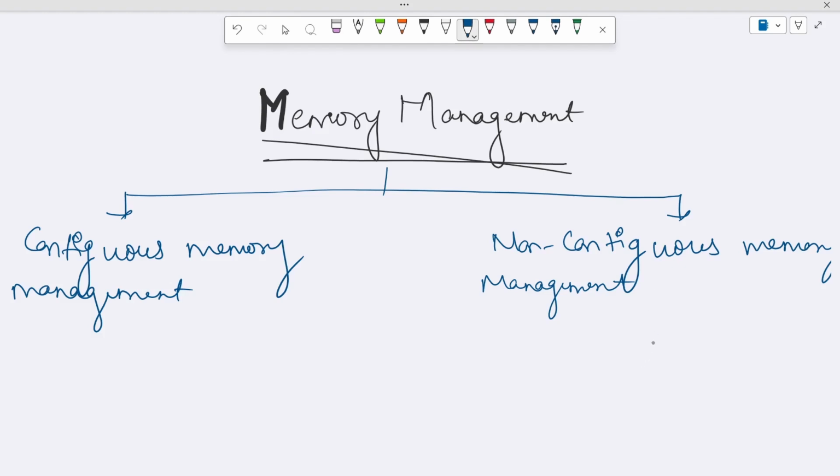For example, this is the main memory, and in main memory we have a lot of frames, or you can say a lot of blocks, say 0, 1, 2 and 3. Let's say the memory of one particular process is allocated from this block, and other memory is allocated from another block.